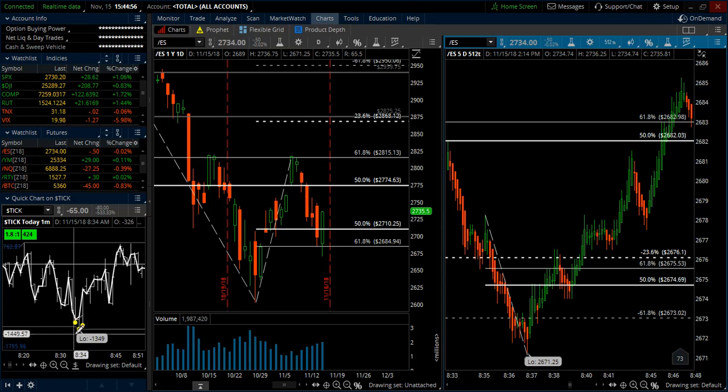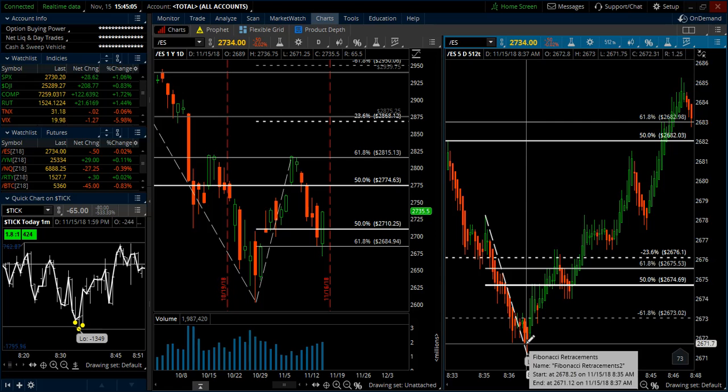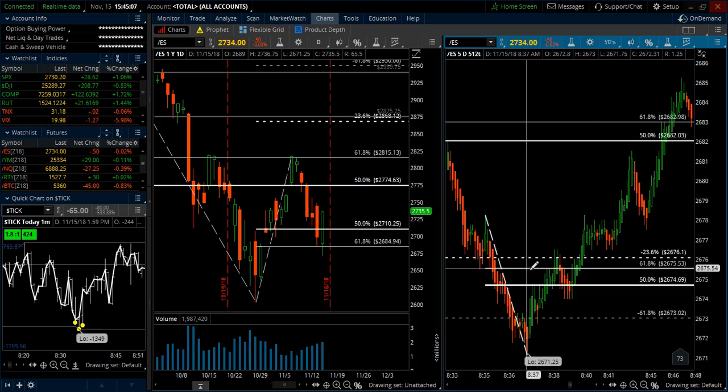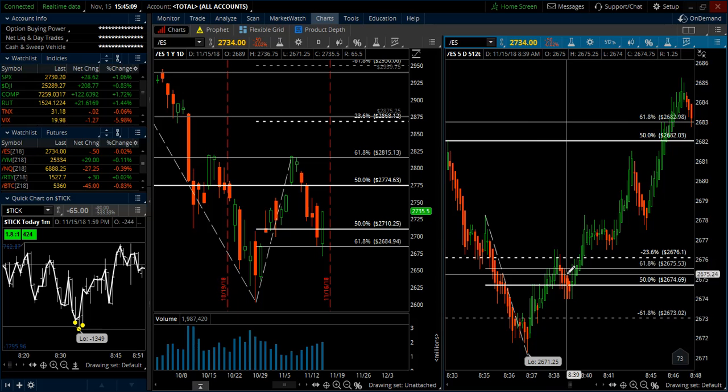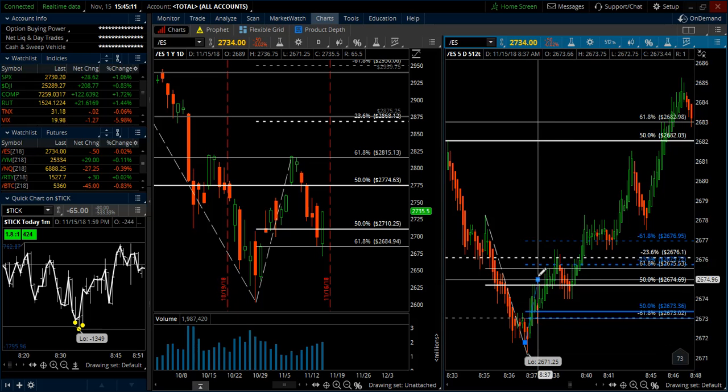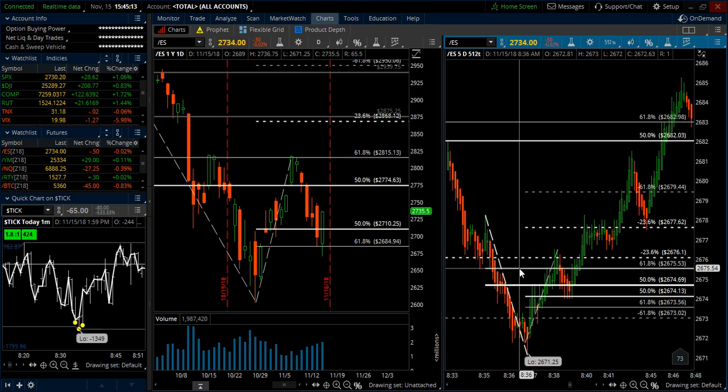But I'm weighing the low tick with more weight than a continuation of the short. So if you want to wait for a little bit more confirmation, just wait for that 61.8 to break, and then you can draw up the next long.